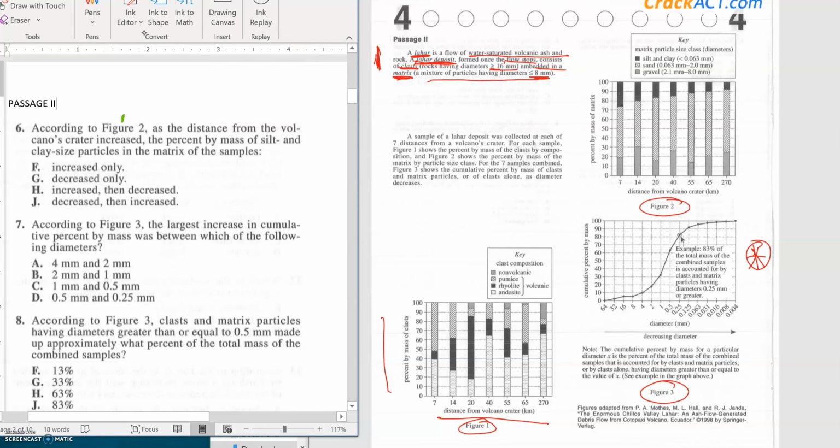As the distance from the volcano's crater increased, that'll be step 2. What does that look like? Step 3, the percent by mass of silt and clay particles in the matrix of the samples increased only, decreased only, increased then decreased, decreased then increased. So we've got 3 steps. Do those 3 things, and then you should be able to find the answer.